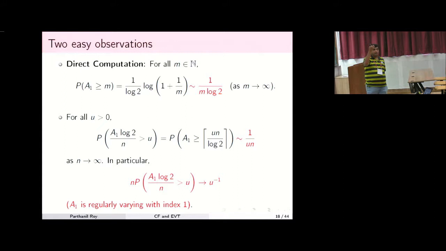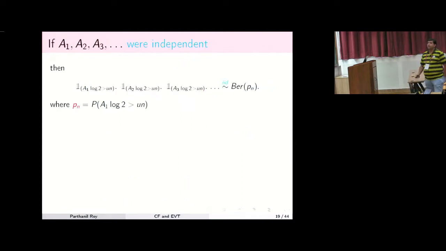Your talk had some regular variation in it, right? So this tells you that all the digits, once you choose omega according to the Gauss measure, have regular variation with index 1. So that brings it to extreme value theory and heavy tails, essentially, with tail index 1.